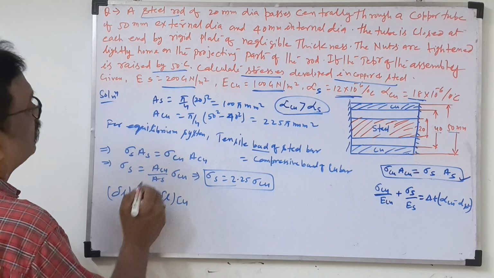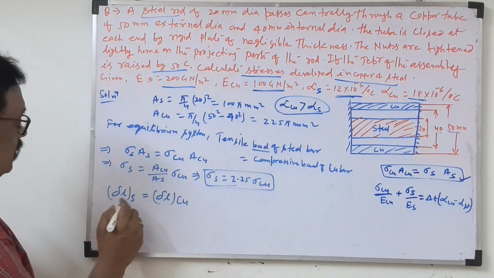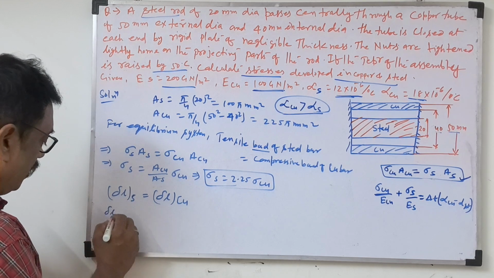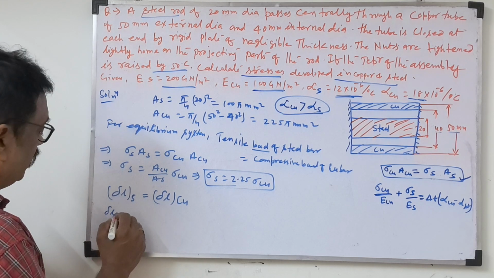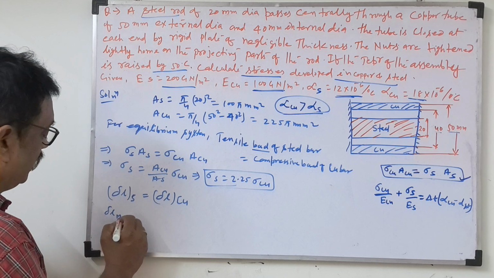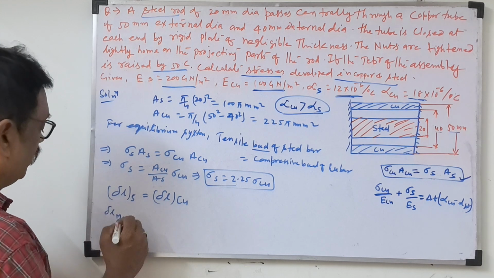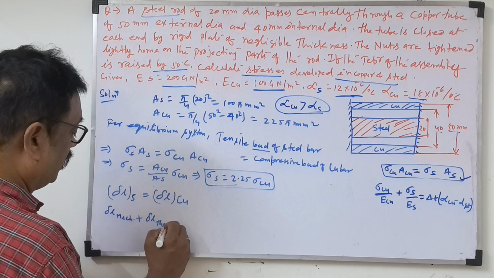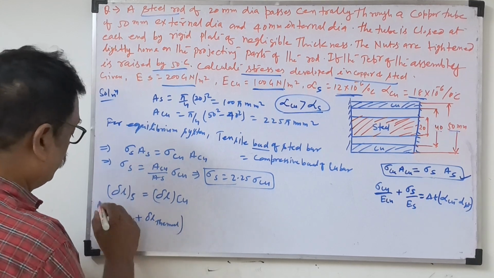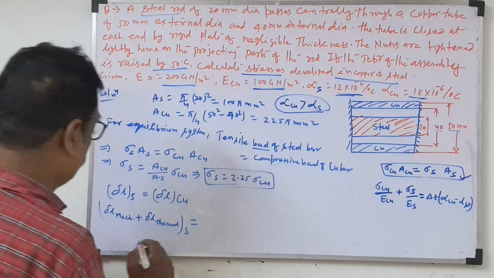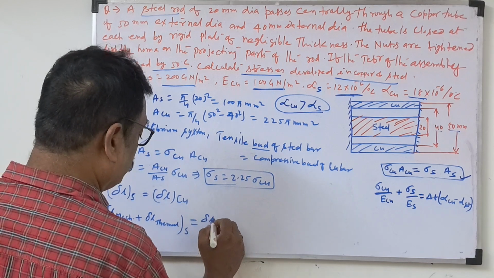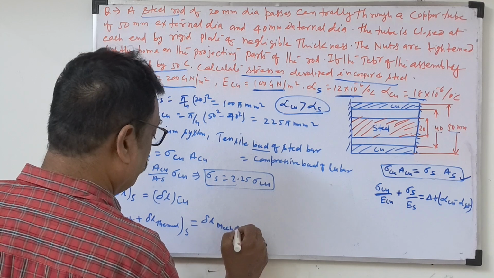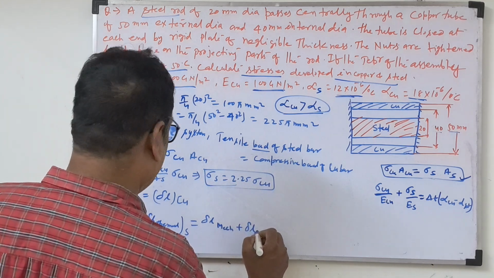Because this is a thermal stress problem, the bars elongate mechanically and thermally. So the elongation of the steel, mechanical elongation plus thermal elongation, will be equal to the elongation of the copper, mechanical elongation plus thermal elongation.